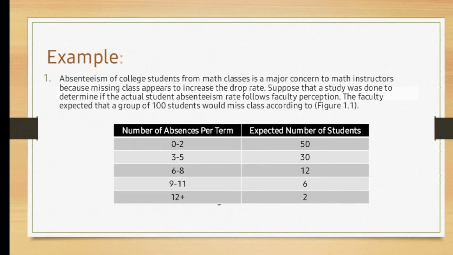Here, for our 12 plus, the expected number of students is 2. Since the definition stated that our expected value should be at least 5, then we cannot conduct the goodness of fit test for this example.